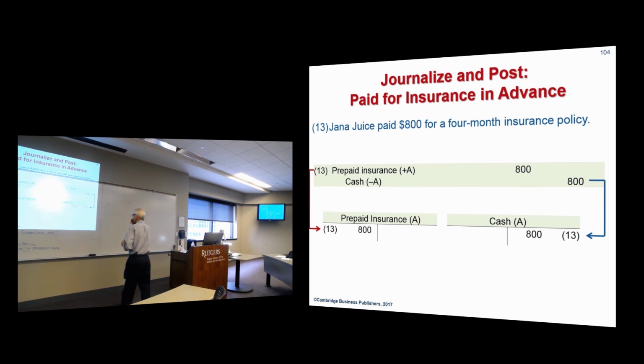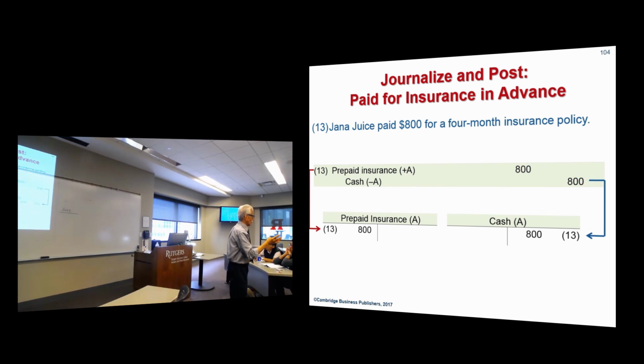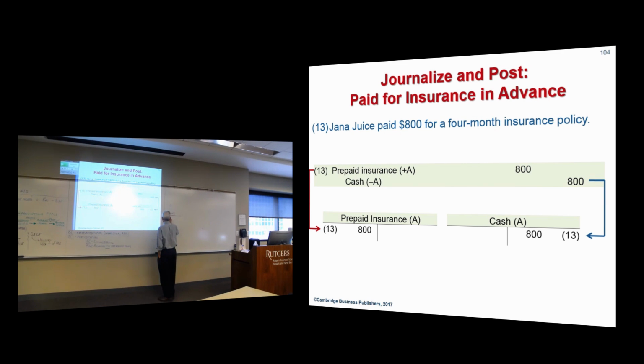What journal entry would you make here, let's say in June, to record the expiration of 1 month's insurance? It's a 4-month policy. What would you do? Expense. Right. Insurance expense for 200. And then also prepaid insurance, minus assets for 200.